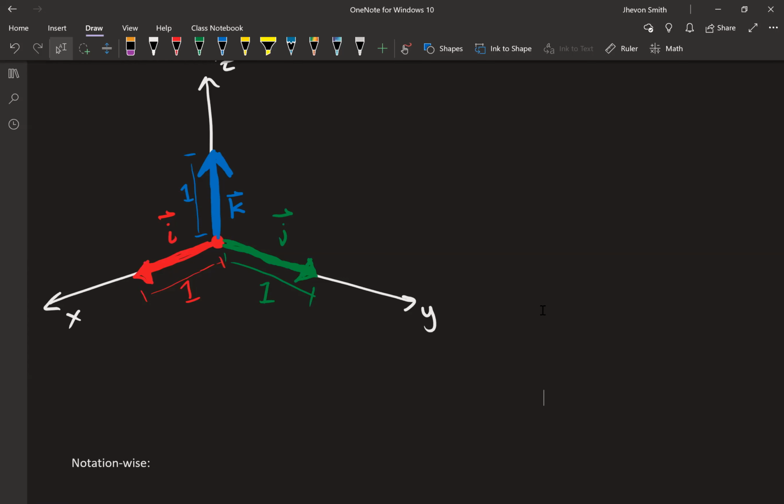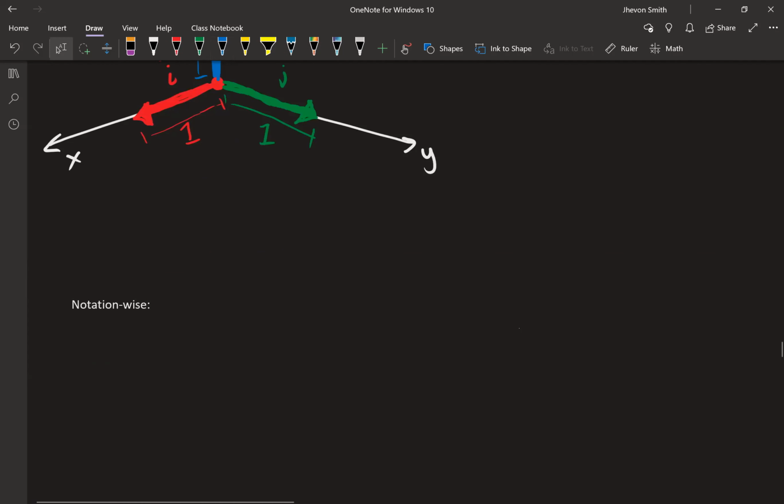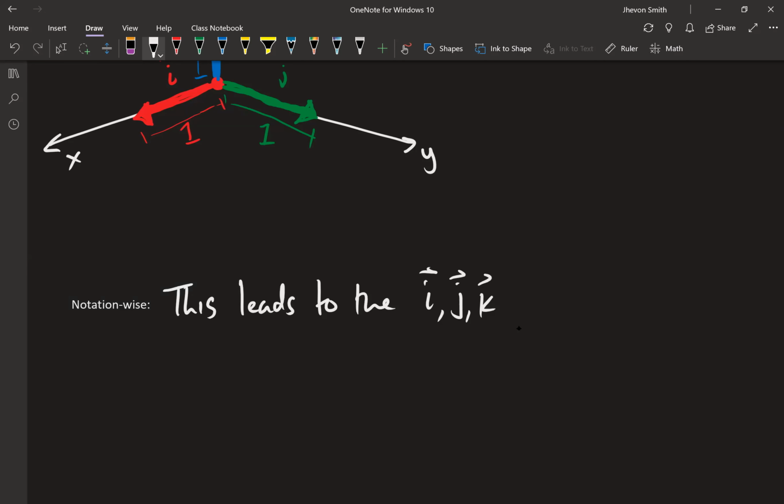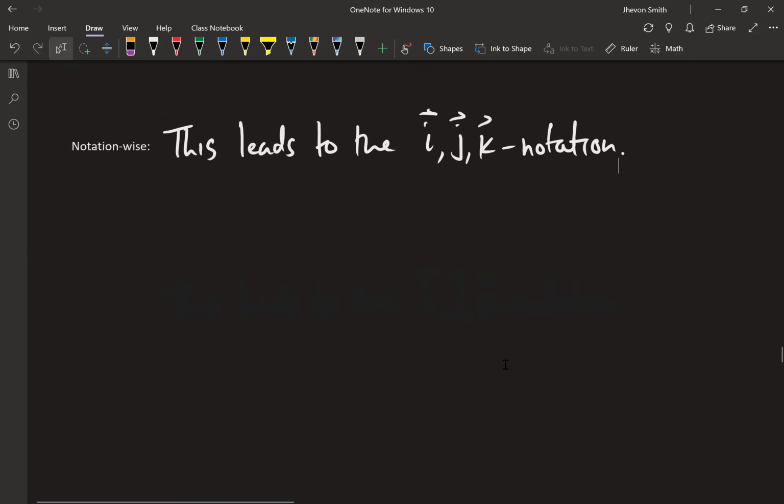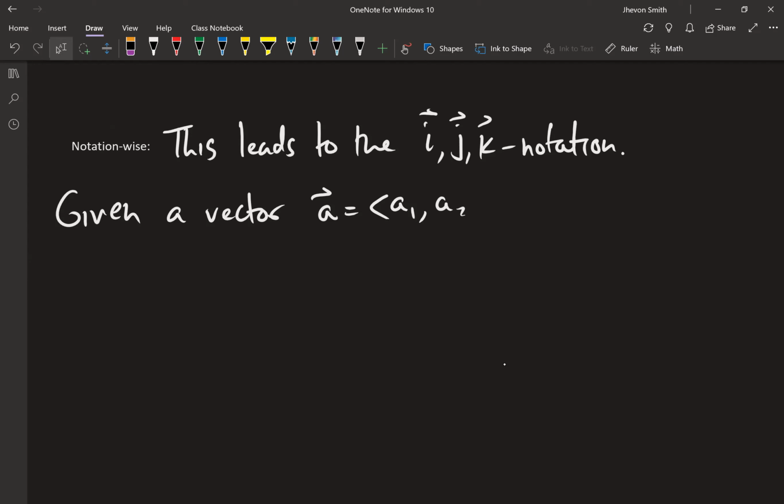Notation-wise, this leads to something that we call the ijk notation. How does this lead to ijk notation? So let's say I'm given some random vector, a vector A, let's say its components are A1, A2, A3, right?